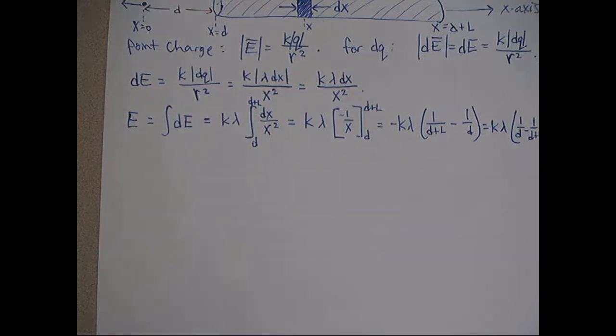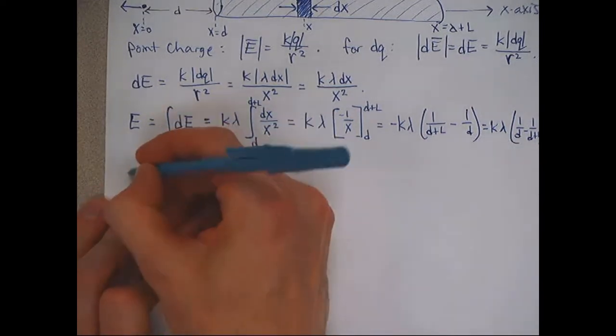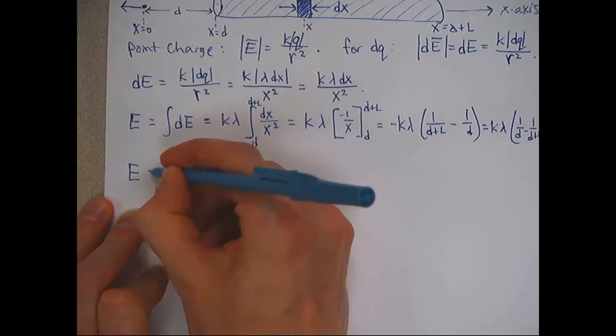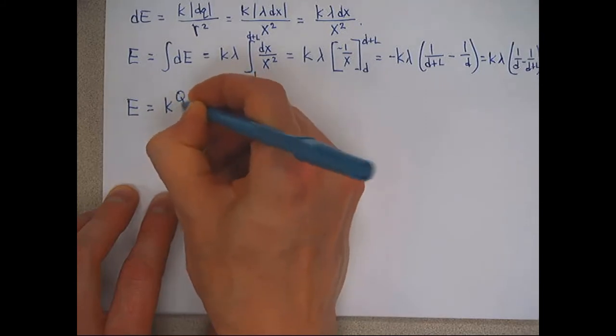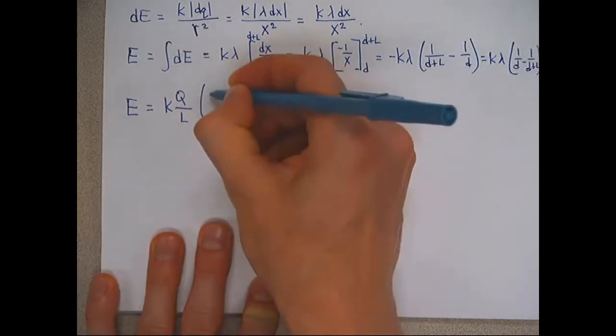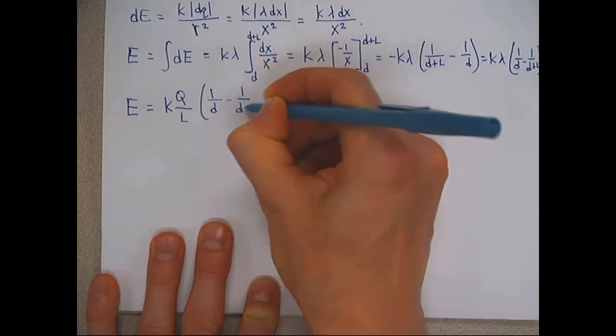Get rid of any extra variables you defined. Was lambda given in the problem? No, it wasn't. It was a tool that we used, an intermediate variable along the way. So we should eliminate lambda in terms of the givens, which were q and L here. kq over L, 1 over d, minus 1 over d plus L.